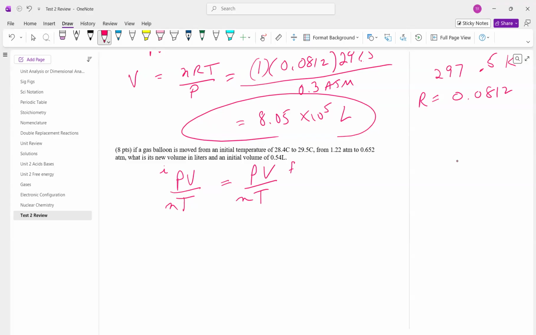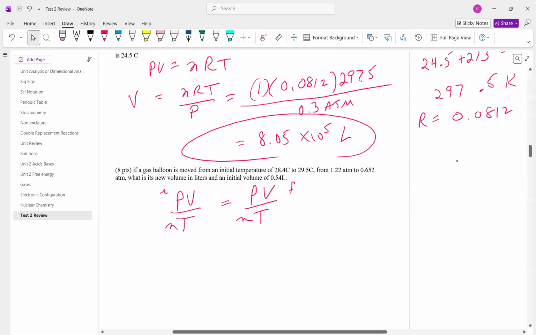The 805 number? Well, assuming I multiplied correctly. Yeah, I just multiplied everything on the top. Yeah, same, I got 80.5. Really? What R value did you use?